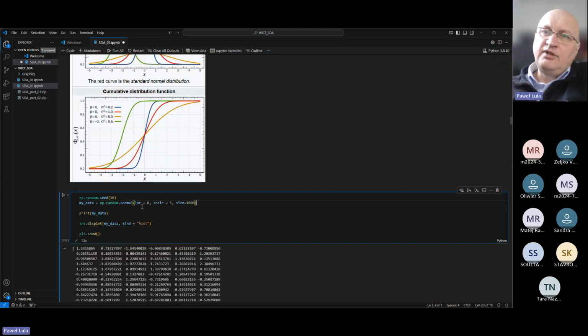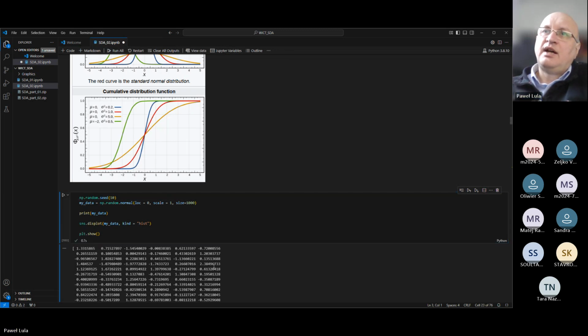It is the value around which values should be generated, should be distributed. The scale parameter corresponds to the sigma parameter. And size is the number of values which we want to generate.